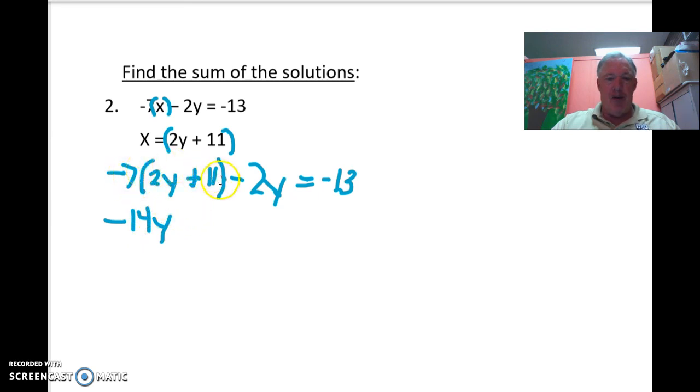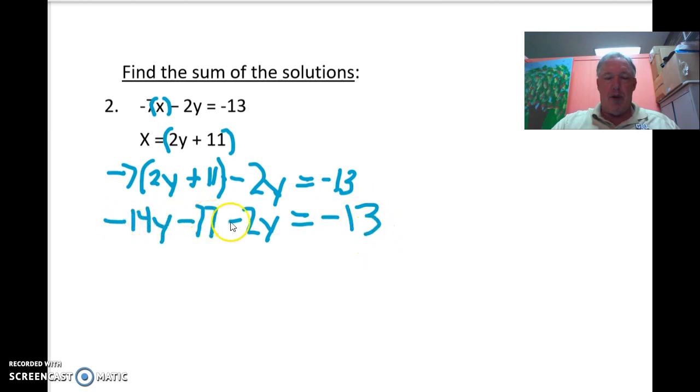Negative 7 times 11, so that'll be negative 77. And now we're just going to rewrite the rest of the equation, minus 2y, and that's going to be equal to minus 13.